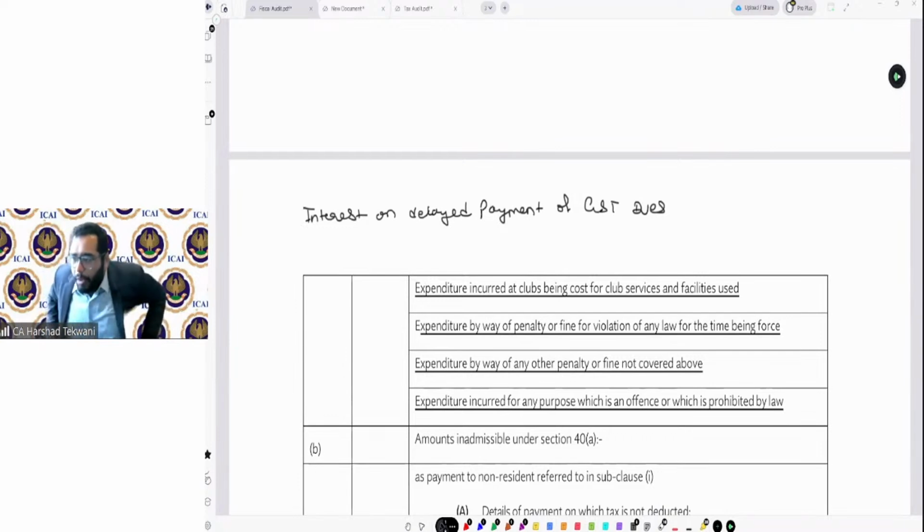Okay. Now, first we need to understand here that interest on delayed payment of GST dues is a penalty or fine or not.